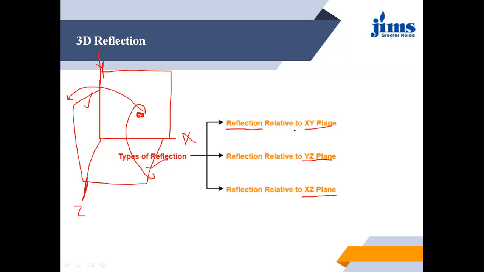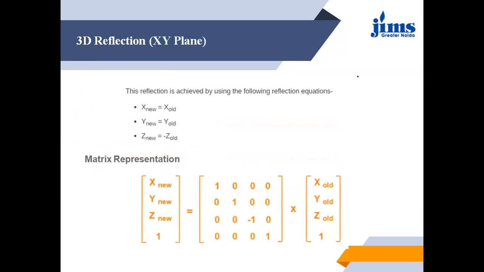So these are the three possibilities in which we can reflect this 3D object. Now we will see how we can solve questions based on these three reflections.